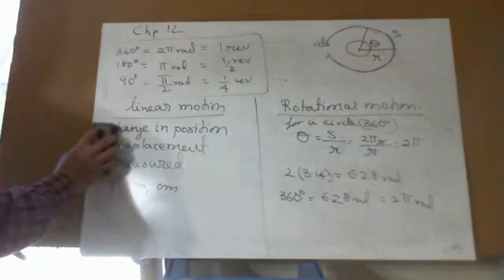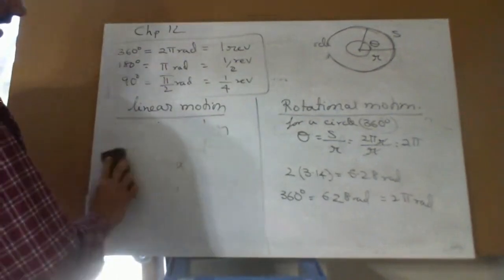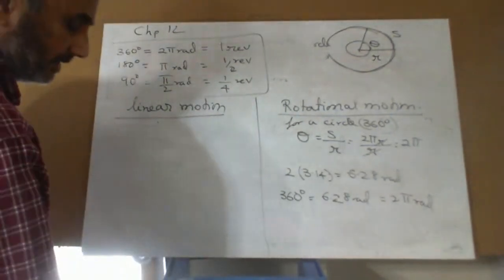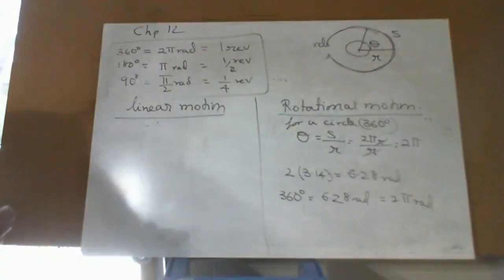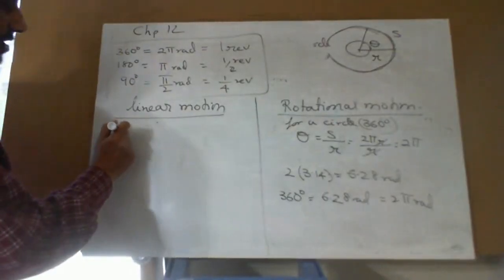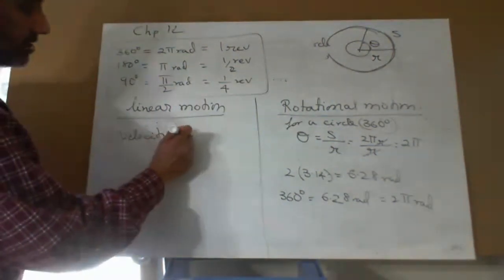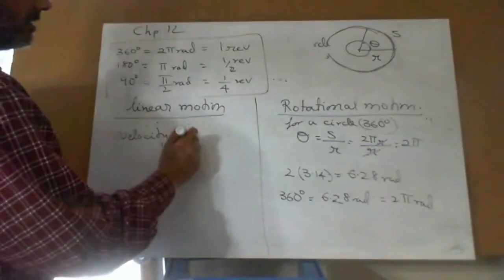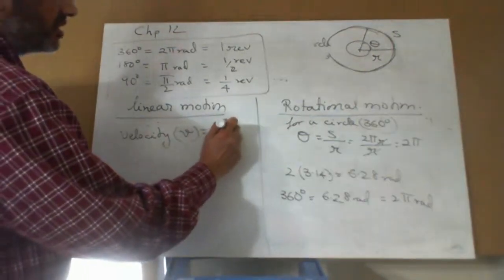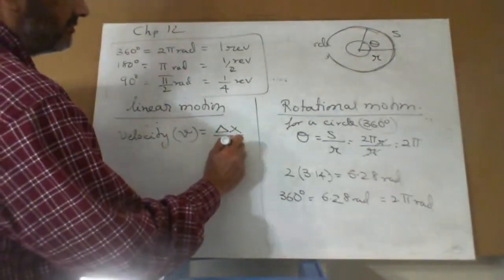Okay, so let's go back here. Linear motion. We found linear velocity, which we call velocity v, which was change in position over change in time.